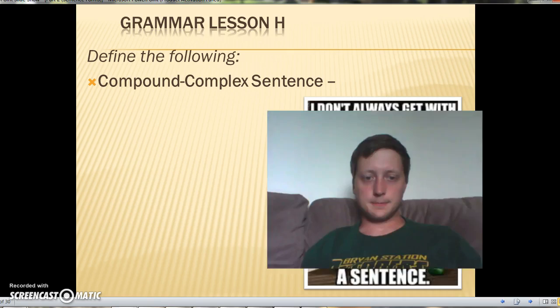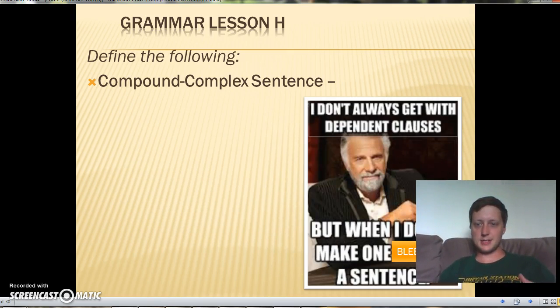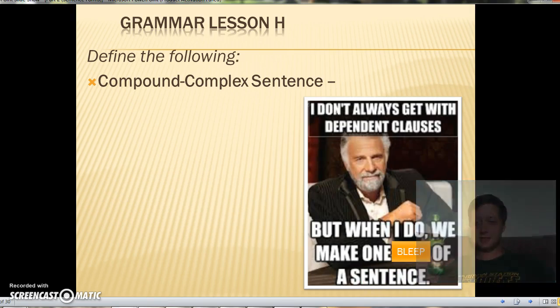Now today is Grammar Lesson H, and we are talking about compound complex sentences. So we've talked about simple sentences, compound sentences, and complex sentences. So it should be fairly evident what a compound complex sentence is.